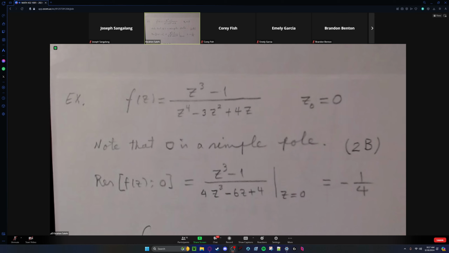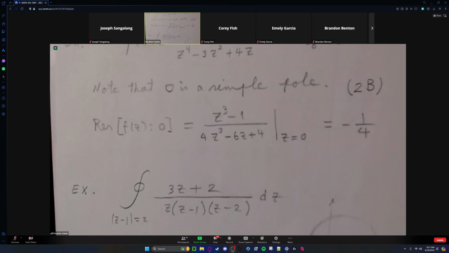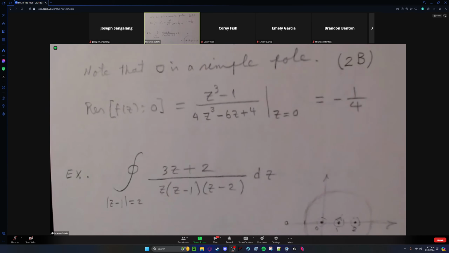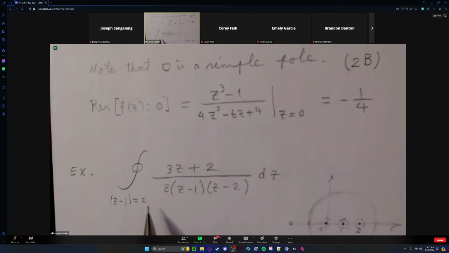Finding residues is extremely important because it is going to give us the value of an integral. Here is an integral. I want to find the value of this integral over this circle centered at 1, radius 2.